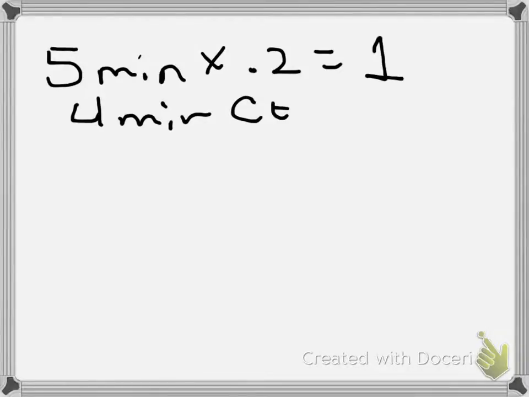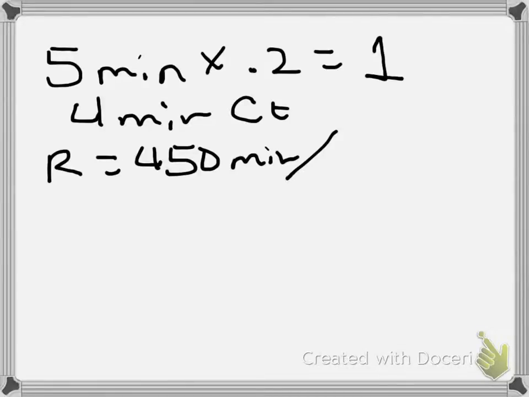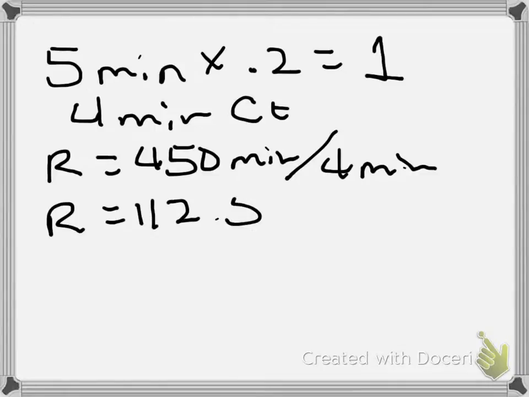And in our example equation here, we use output equals 450 minutes divided by our 4-minute cycle time. And that new output comes to 112.5 units per day.